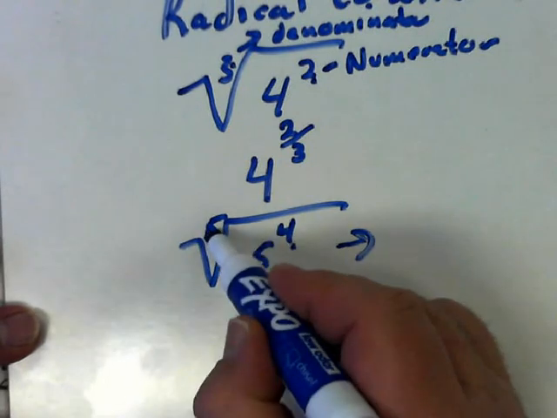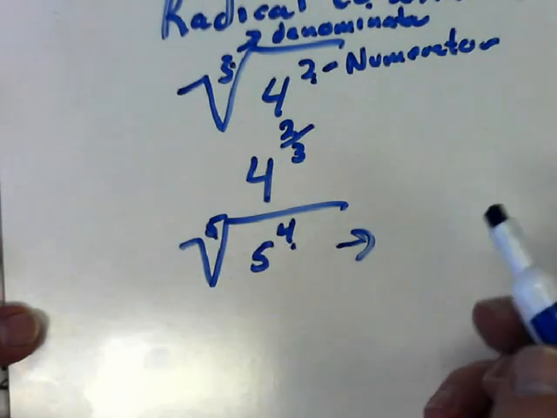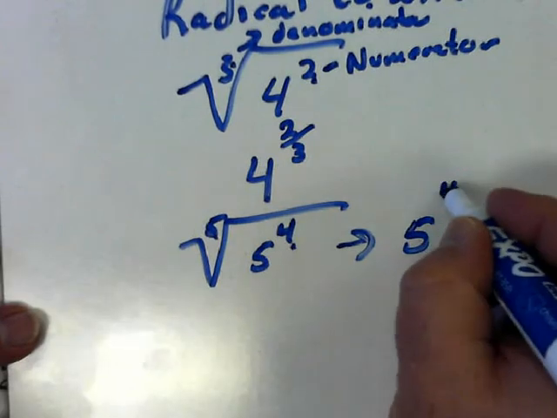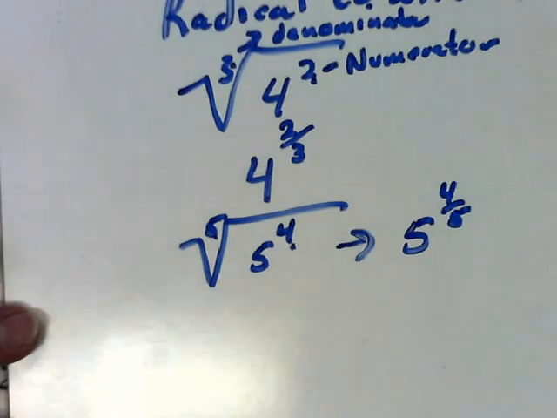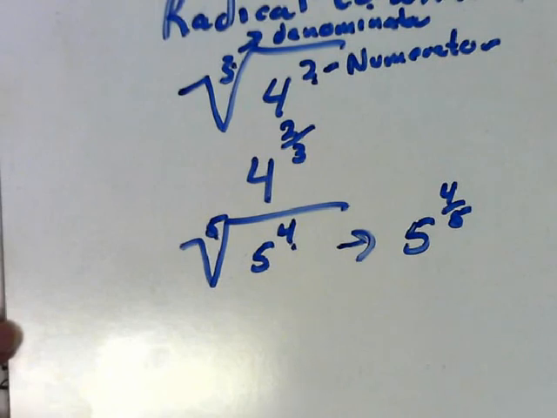This 5 would become the denominator, so I would have 5 to the 4/5. Okay? We good with that? Okay. Hang on here just a second.